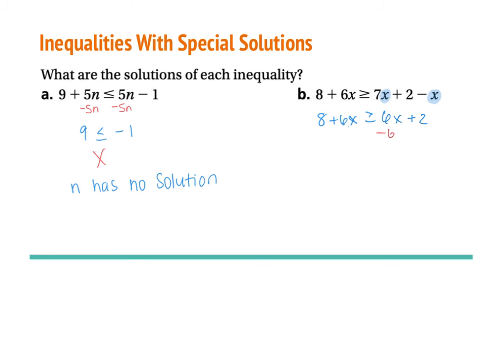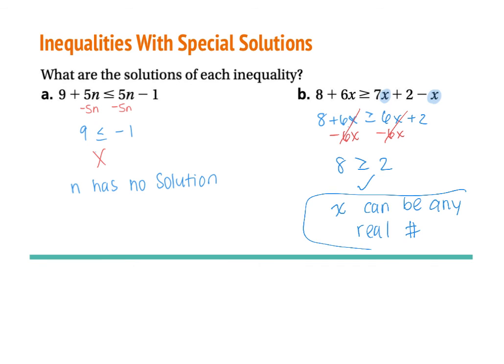Remember, we're going to subtract 6x from both sides. Cancel, cancel. 8 is greater than or equal to 2. Yep, that one's accurate. So x can be any real number. So how many solutions does x have? Infinitely many. Can be any real number.